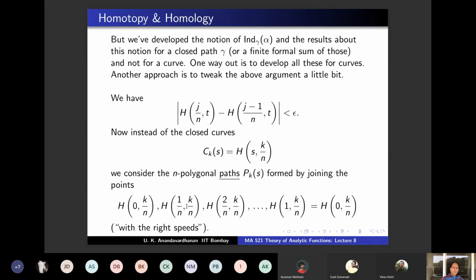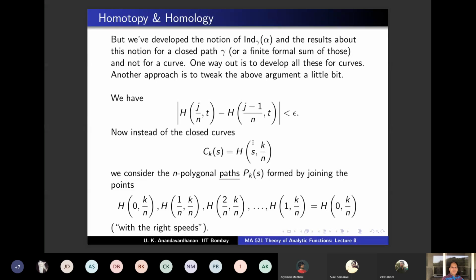The straight line joining these 2 points is of the form this point times 1 minus s plus this point times s, and my s is going from 1 by n to 2 by n. So if I subtract this straight line from this curve, what do I get?